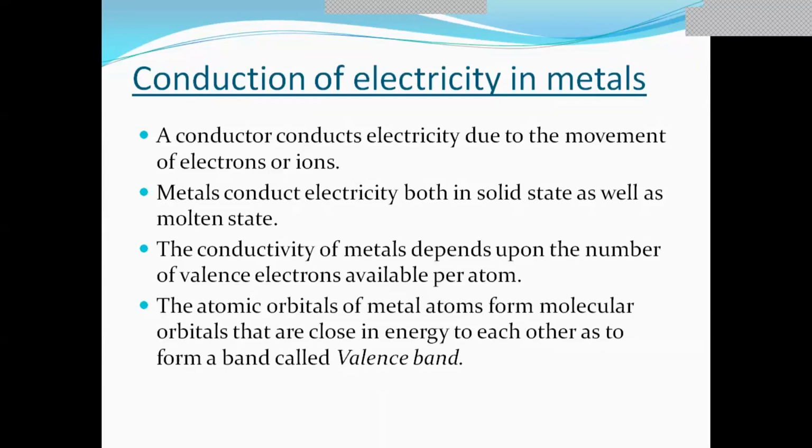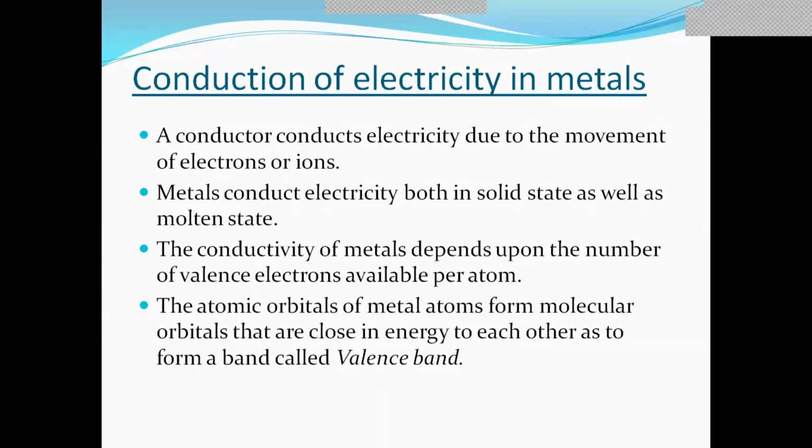This is said to be the atomic orbitals of metal atoms form molecular orbitals by overlapping each other. And these molecular orbitals formed have nearly same energies. This set of molecular orbitals having similar energies is called valence band.